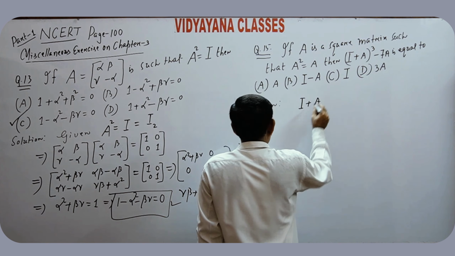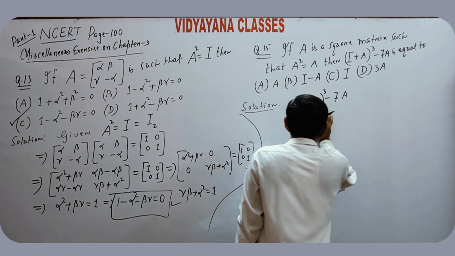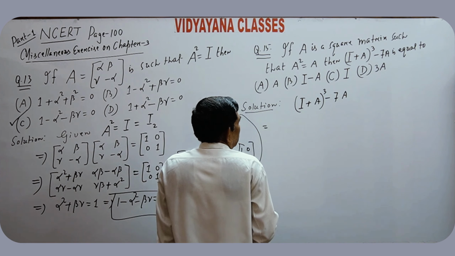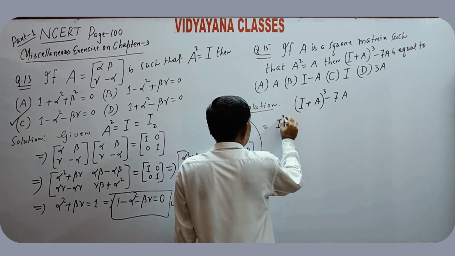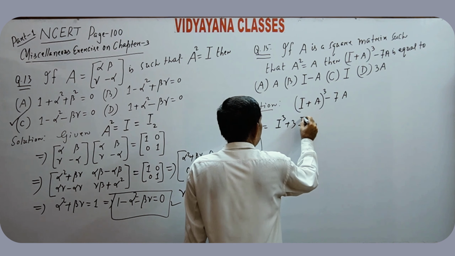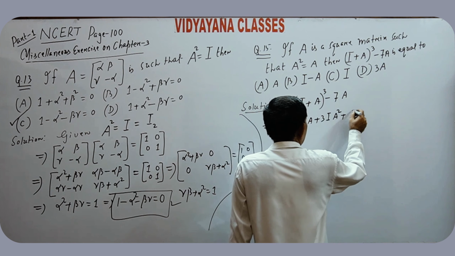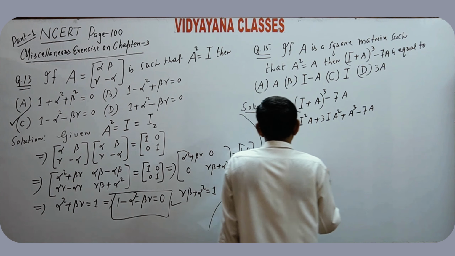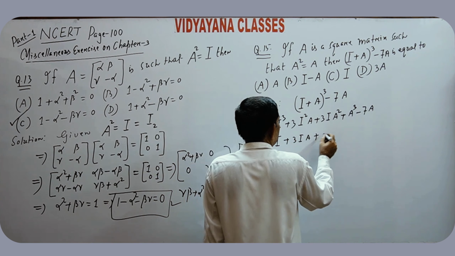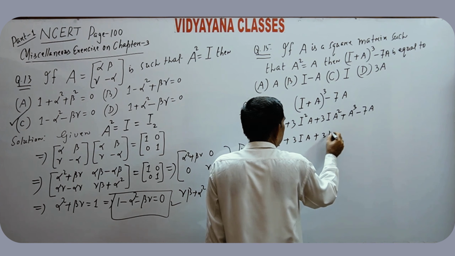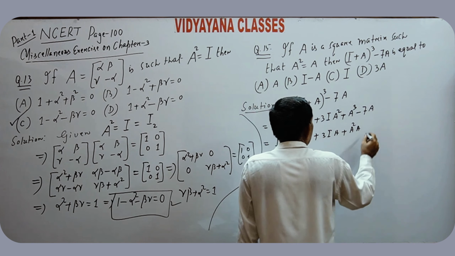Using the expansion of (A plus B) whole cube, it can be obtained by matrix multiplication, which gives I cube plus 3 I square A plus 3 I A square plus A cube minus 7A, which is same as I plus 3IA plus 3A square plus A cube, which can be written as A square into A, minus 7A.